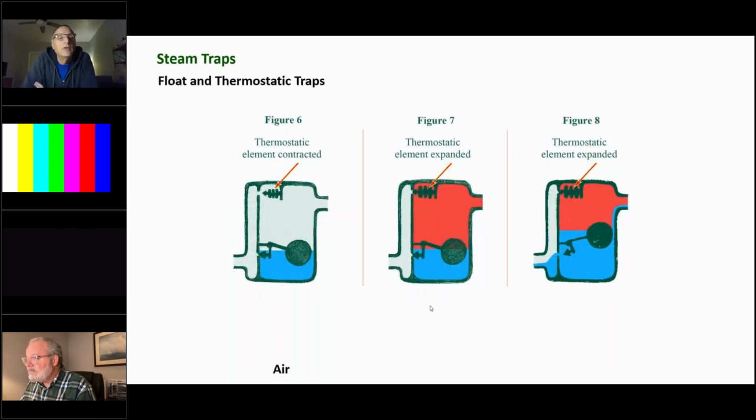The third type of trap you'll see is called a float and thermostatic trap, and pretty evidenced by what you see. You've got a float ball down at the bottom, and you've got the thermostatic trap up at the top. And what happens if you have to go convert an old gravity steam system?